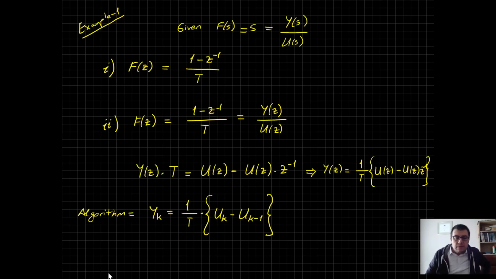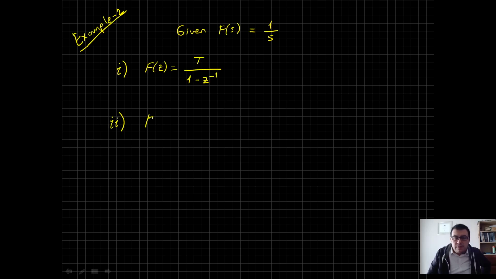Let me go and write here. Okay, I'm sorry. F of z, that's t over 1 minus z to the minus 1, should be equal to output over input.